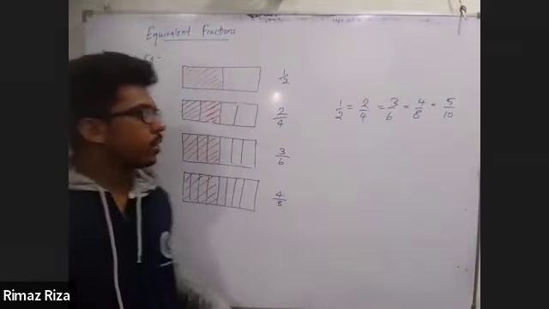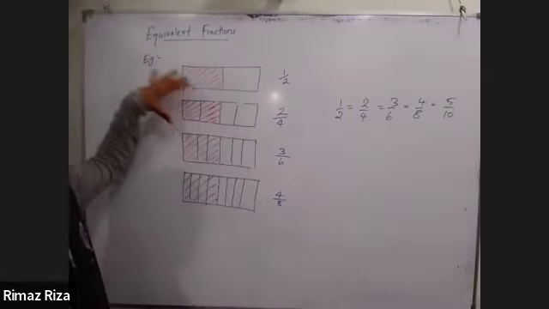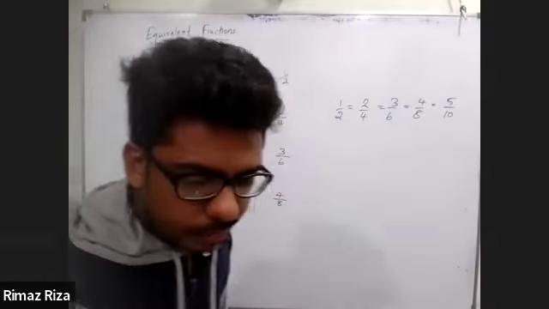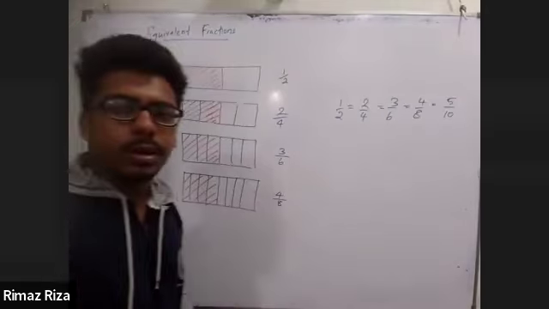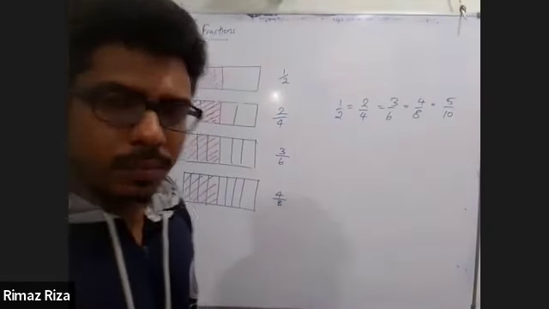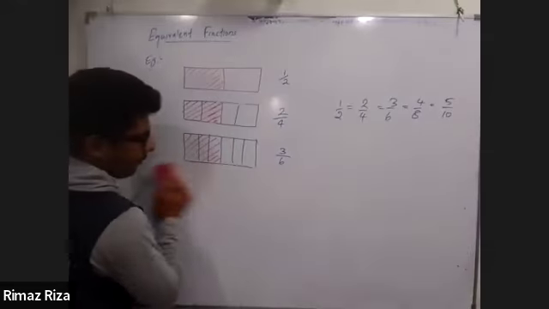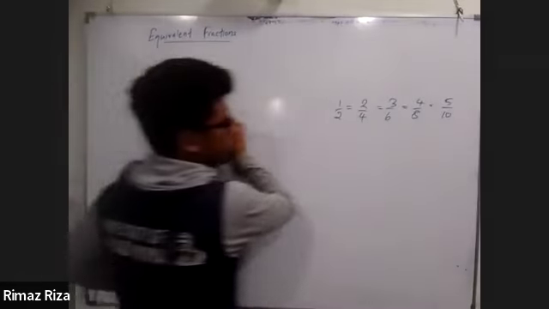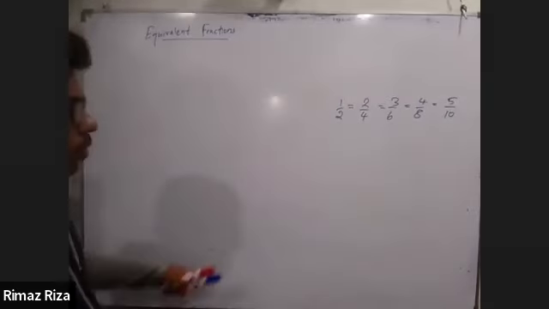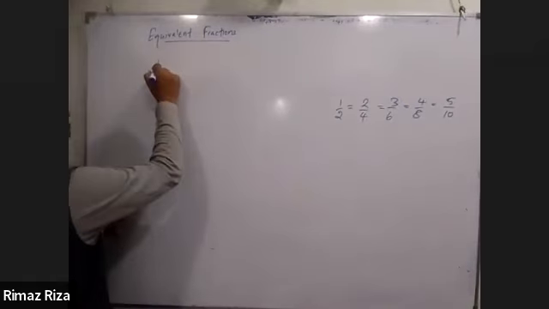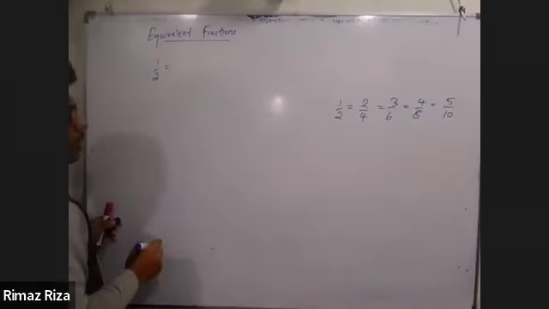I hope all of you got the conceptual idea of equivalent fractions. Okay, so now we'll see how we can obtain mathematically equivalent fractions. So I'll start with our same example, 1 over 2. Okay.